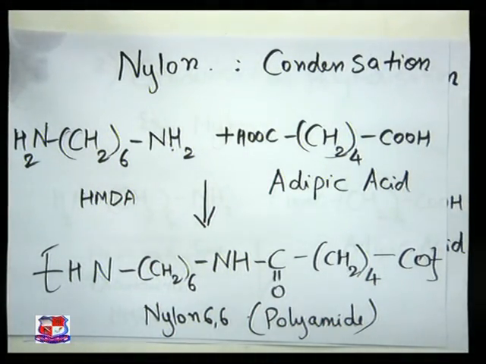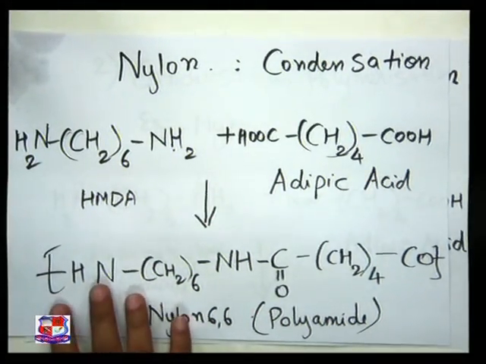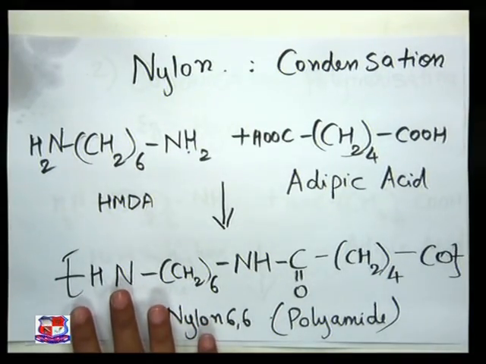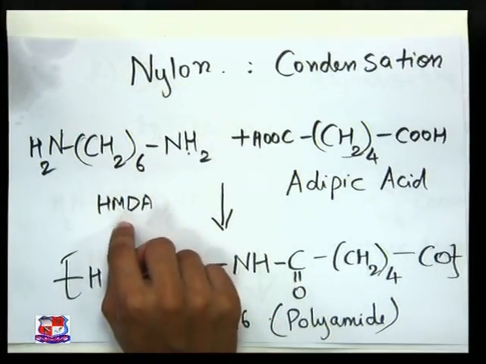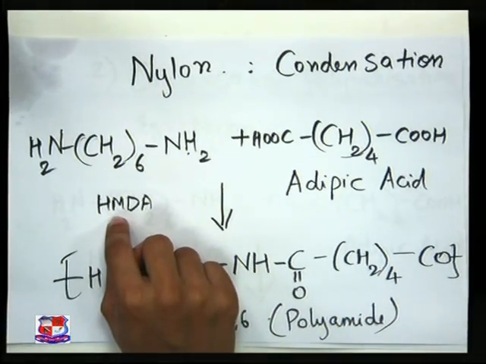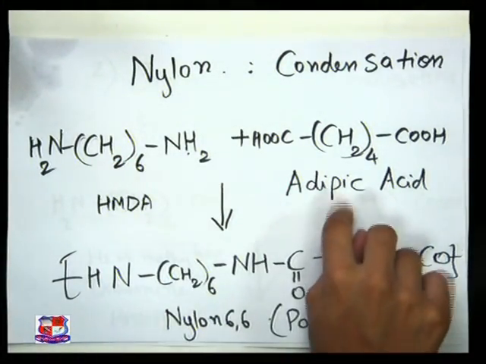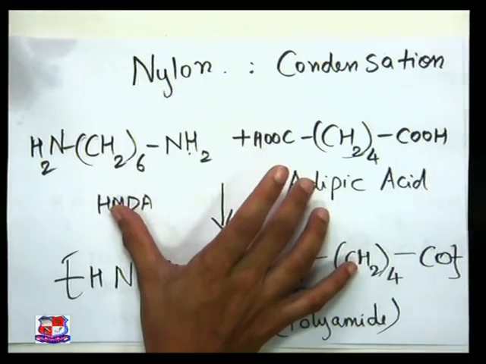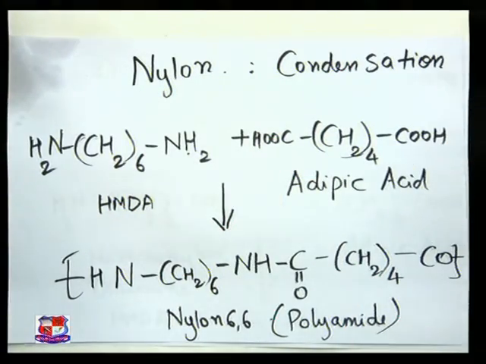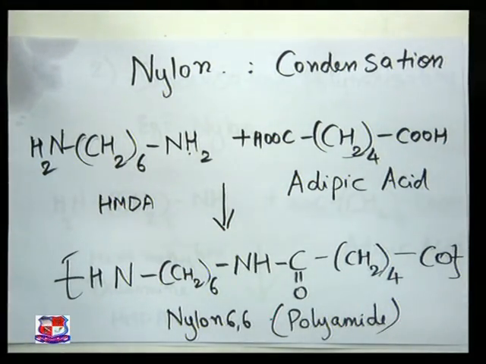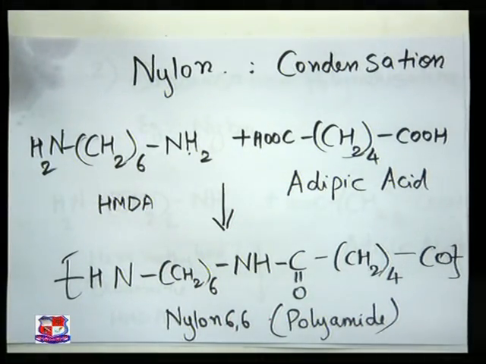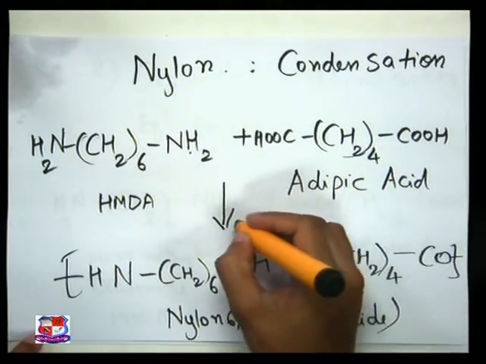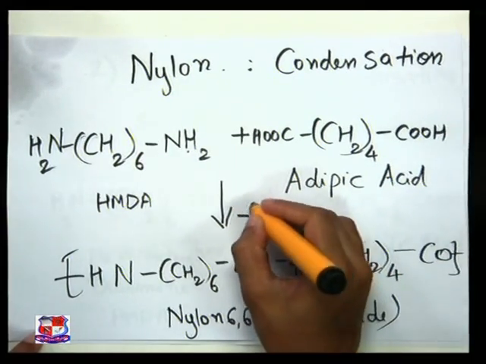Condensation polymerization technique is used to make polymers like nylon. Nylons have the monomers HMDA, that is hexamethylene diamine, and adipic acid. Both the monomers are combining together. In this process a neutral molecule is eliminated, that is minus water.